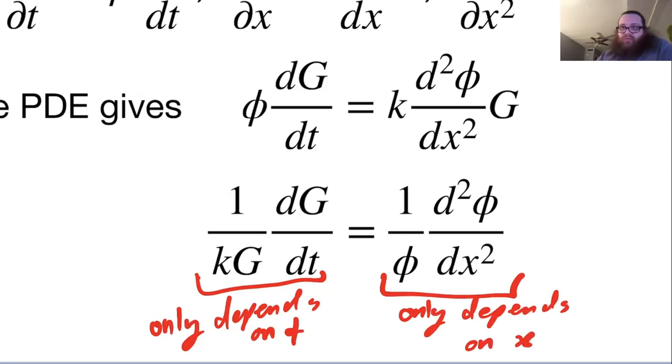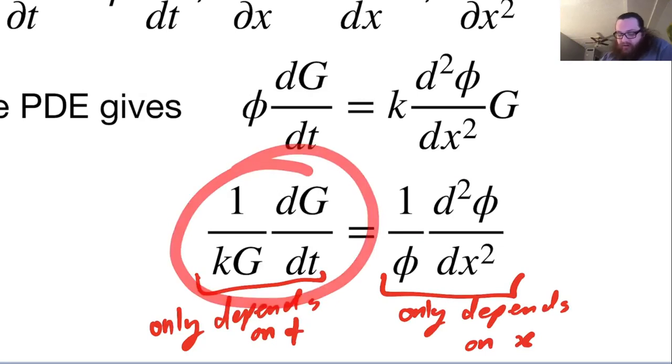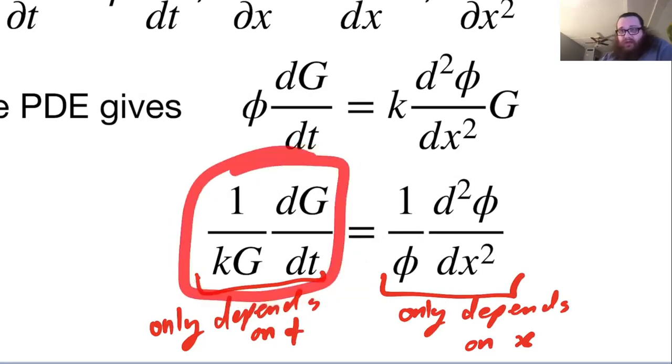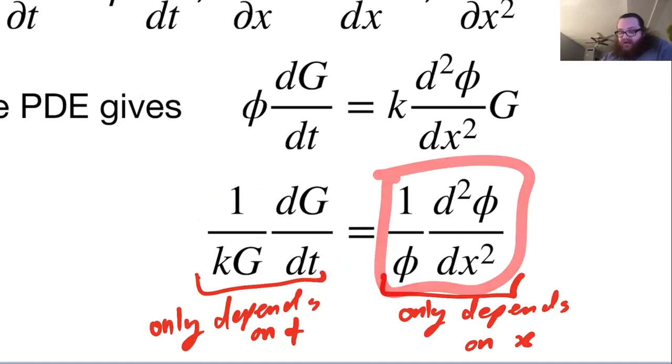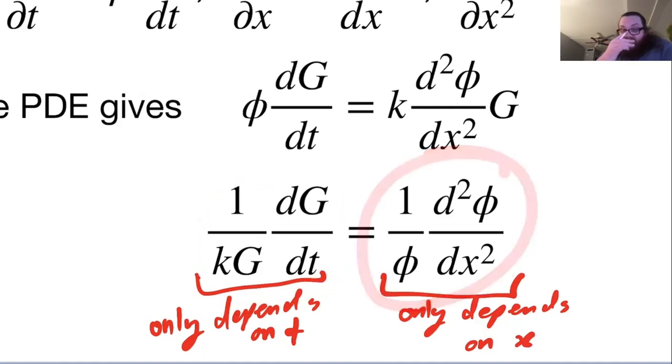And so the question is, what happens if we vary one of these variables? For example, if we change the value of t, a priori this side is going to change, since g depends on t, and dg dt depends on t. But on this other side, nothing depends on t.